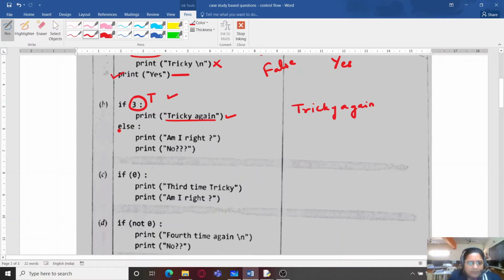And here we have else, and these two statements are a part of this else. Because the if condition was true, the else part won't be executed at all. So we only get this output, that is tricky again.